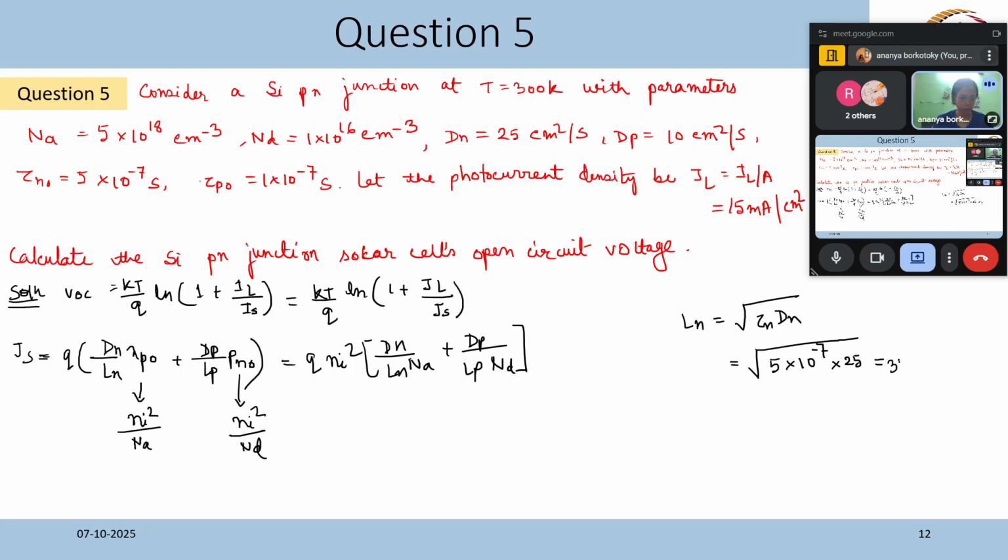This is 3.5 into 10 to the power minus 3 centimeter. If I make a calculation mistake, let me know. Similarly, Lp will be the square root of tau P into dP. So this is 10 to the power minus 7 into 10, so this is 10 to the power minus 6, so Lp is 10 to the power minus 3 centimeter.